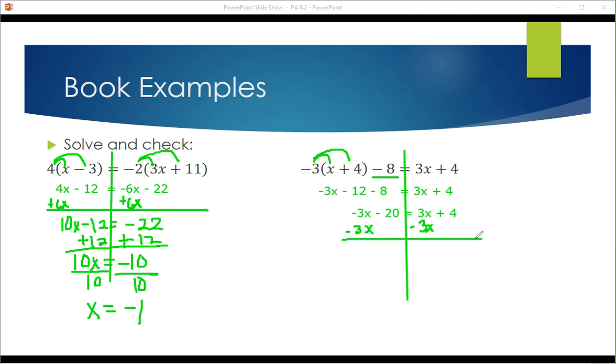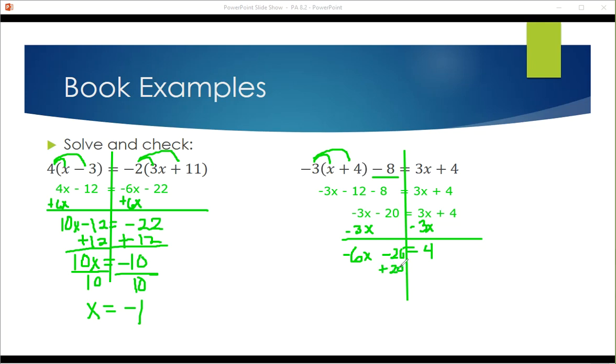Be careful, I have a lot of you who will tell me negative 3x minus 3x is 0. But negative 3x minus 3x is really negative 6x minus 20 is going to equal 4.